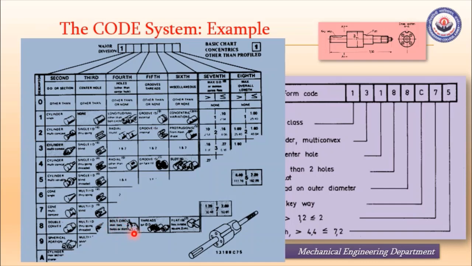Further, threaded on one end on OD, therefore this is assigned as 8. Like this we can assign any part a particular code based on the features, and related to the features one has to assign the code.